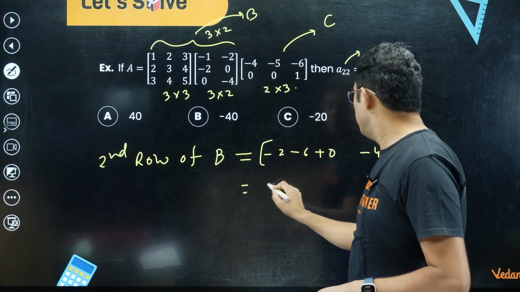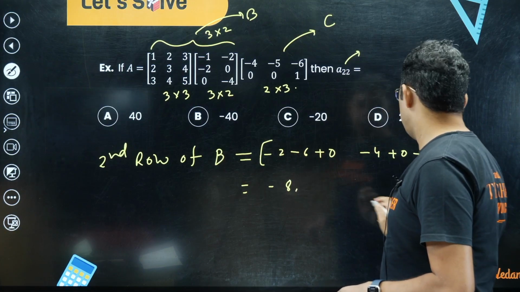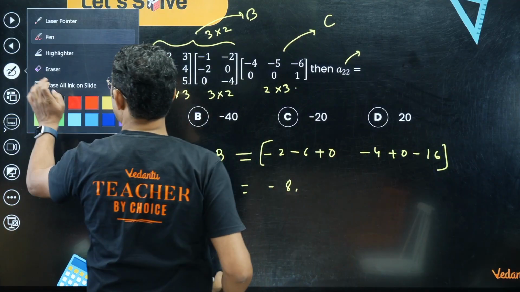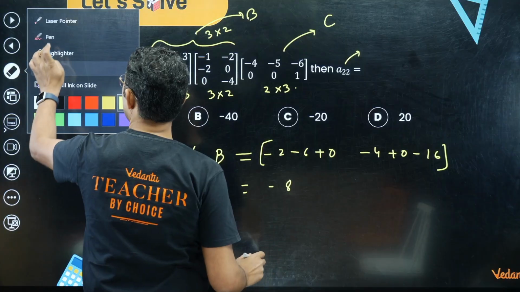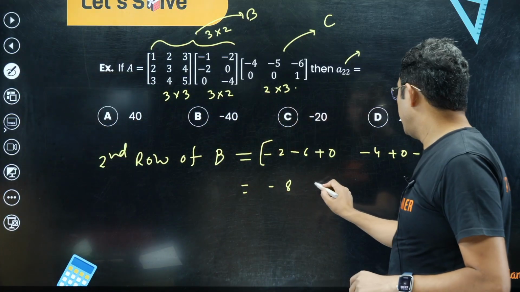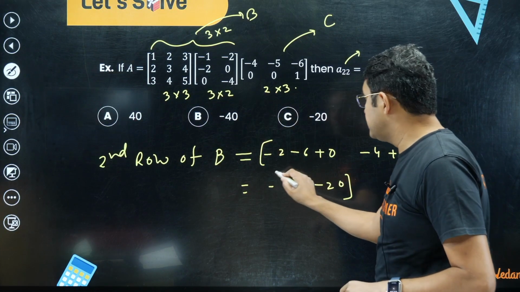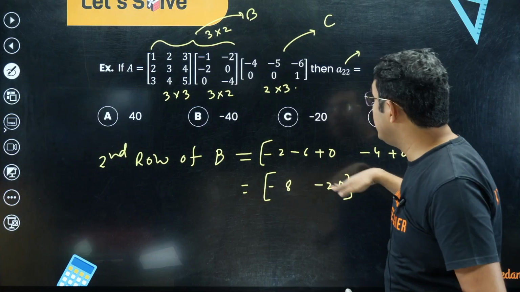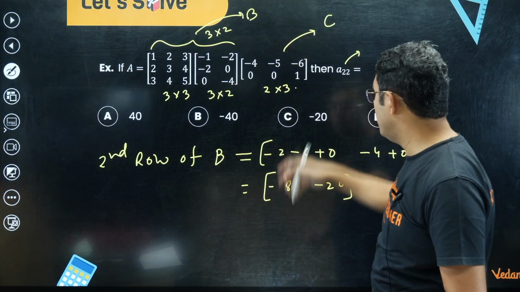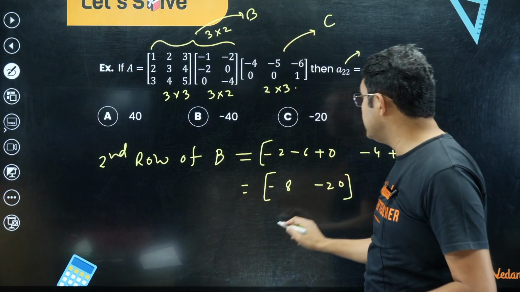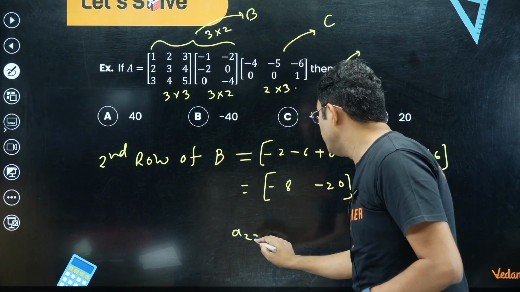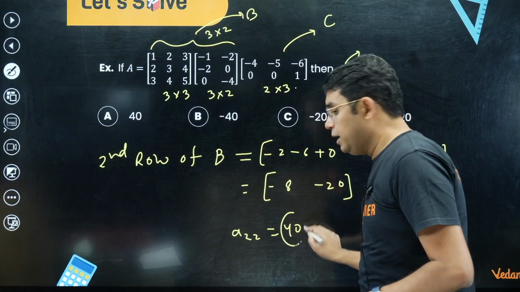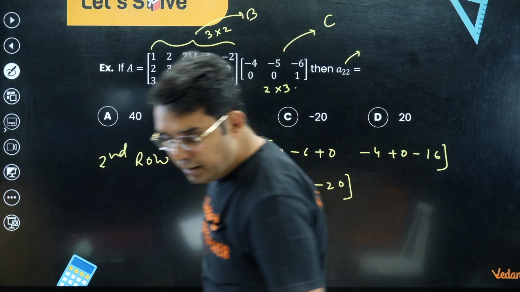I can write it as -8 here, and not with a comma, since in a matrix we don't put it that way. So -8 and -20 here. So this will be my second row of the product of these two matrices. And when this is multiplied with the second column here, this will be -8 into -5, so A22 will be 40. So I think the answer of this question should have been 40.